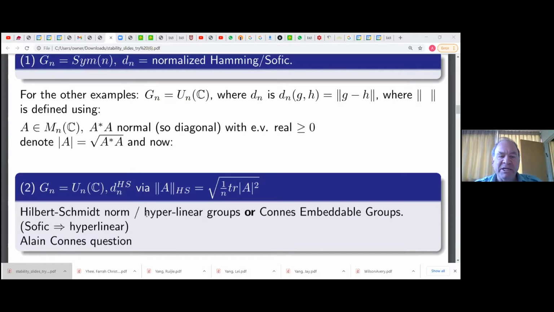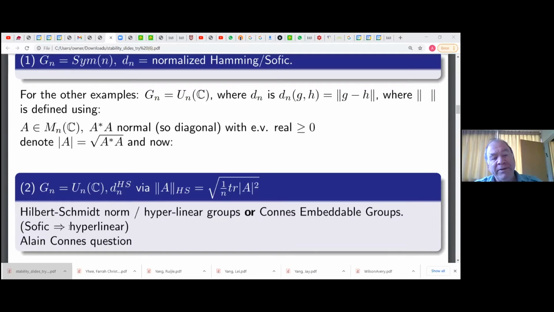And sometimes recently people started to call it Connes embeddable groups. I think hyperlinear is really not a good name, because when you say hyperlinear, what you hear is something which is more than linear, right? But in fact, it's less than linear. Every linear group is hyperlinear, and not every hyperlinear group is linear.